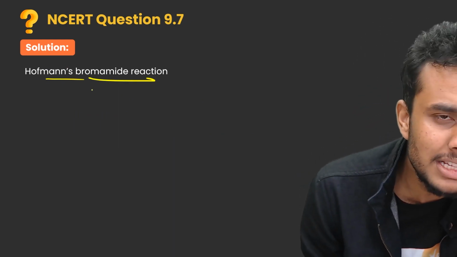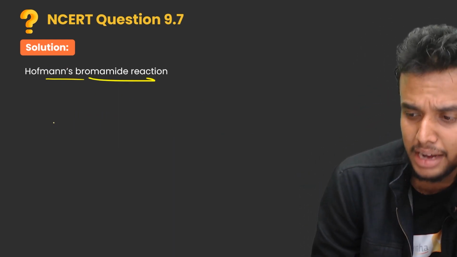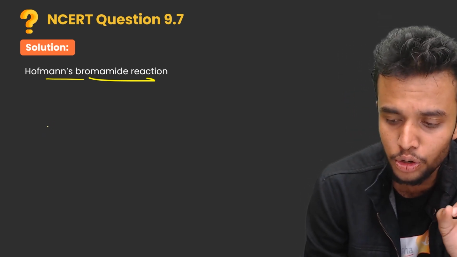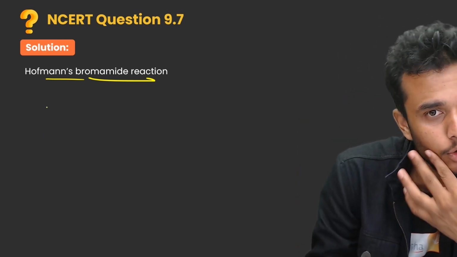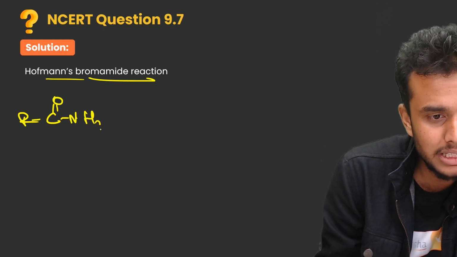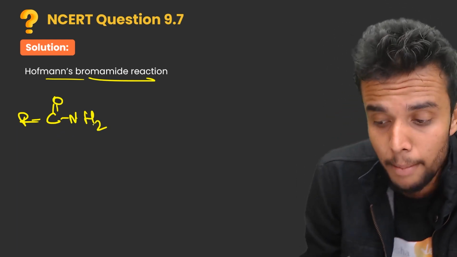Let's move to the next one, Hoffmann bromamide reaction. We are already familiar with this reaction. This reaction is mainly used to convert an amide group to an amine group, right? For example, let's take a general amide group, RC double bond O NH2. We call it an amide group, right, students?